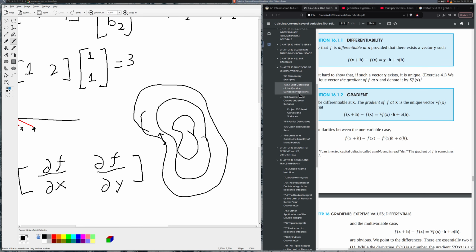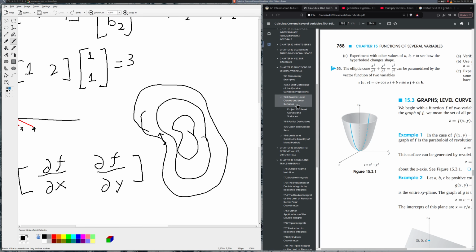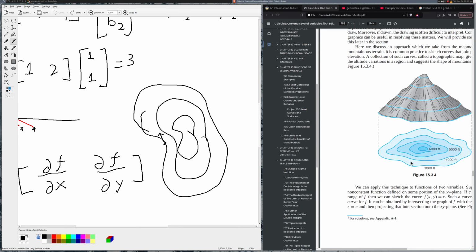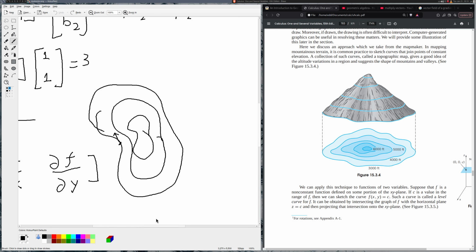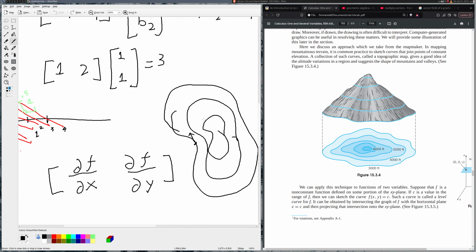If you don't know what a level curve is, here we go. It's just a way to visualize a multivariable function like that. So it's really useful for visualizing the function, and I think it also works better for a local minimum and local maximum, let's say you just have this dot right here.